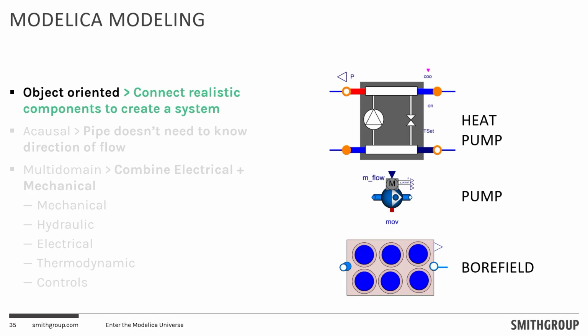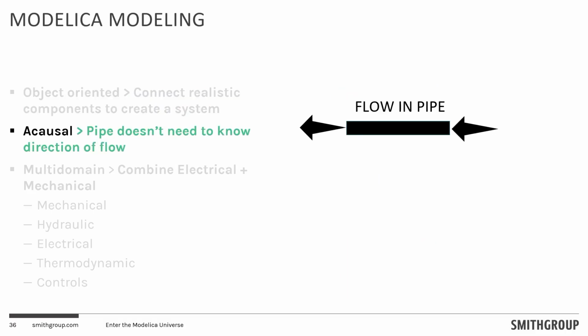Some of the other details of it: it's object-oriented, so if you see a component, you can use that component to build any custom network or system that you want. You see a heat pump, you can connect it to a pump, you can connect those to a bore field. So it makes it intuitive to assemble these networks. It's acausal, which is a technical way of saying you don't need to tell it which way the flow is going to go in a pipe.